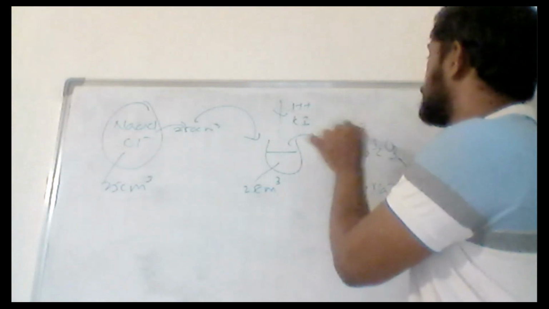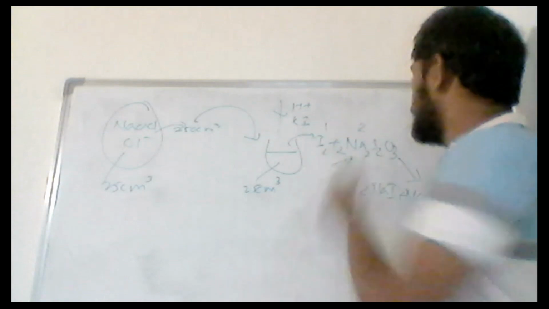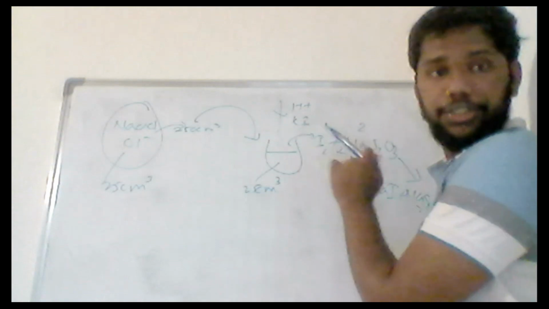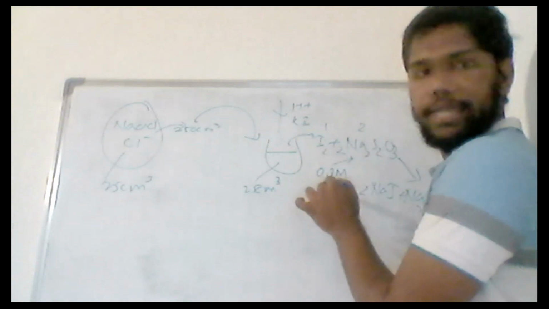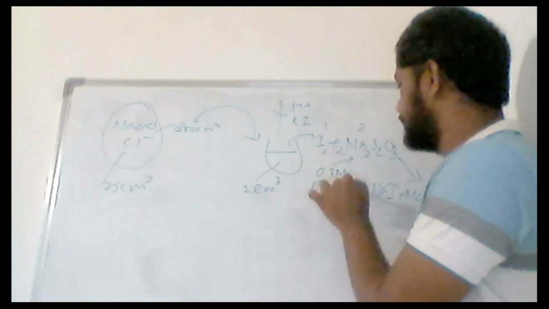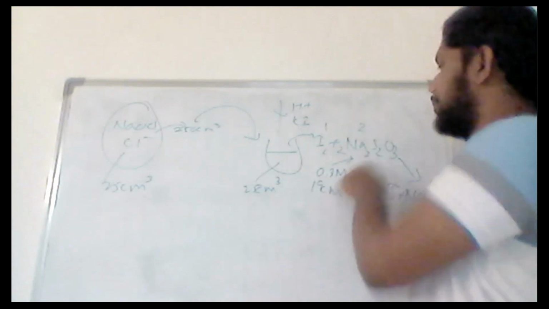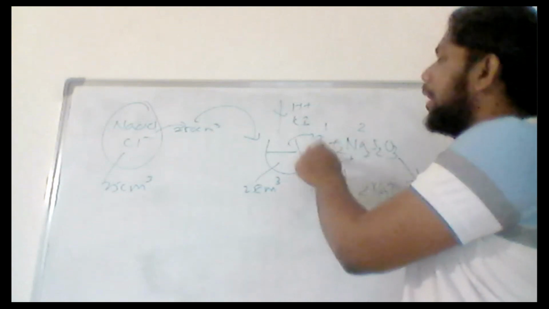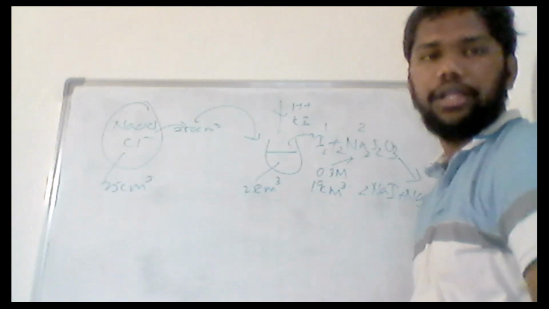So the stoichiometry of sodium thiosulfate to iodine is 2:1, and the sodium thiosulfate consumed is 0.3 M, 90 cubic centimeters. So you know the number of moles of sodium thiosulfate, and you can calculate the amount of I2 that is liberated.